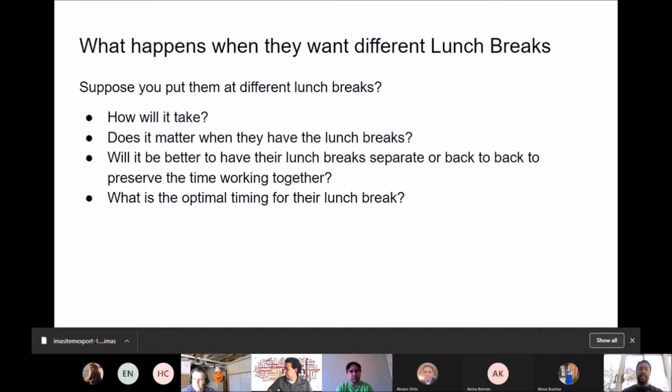When is the best time for them to take their breaks? If one is taking a break and the other is working, is having the same lunchtime the best in terms of minimizing the time, or is there some other formulation? And can we prove that the optimal time for them to have their lunch break is at the same time, if that is the optimal time?